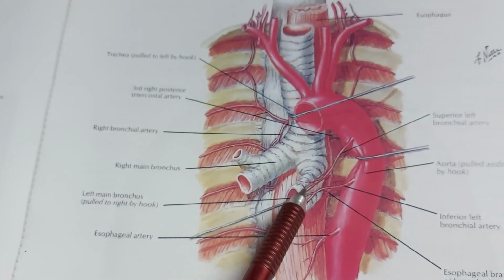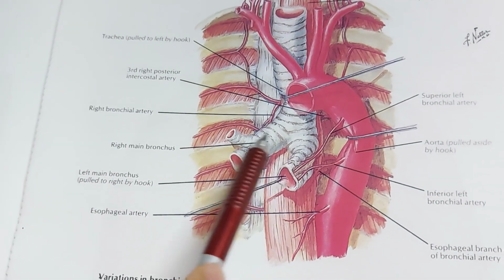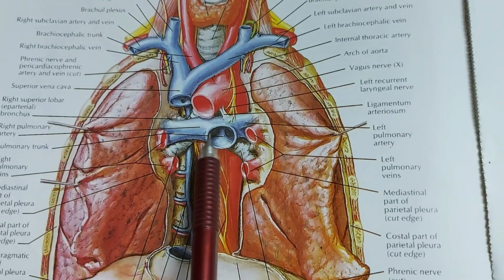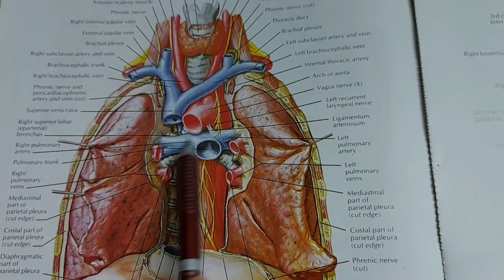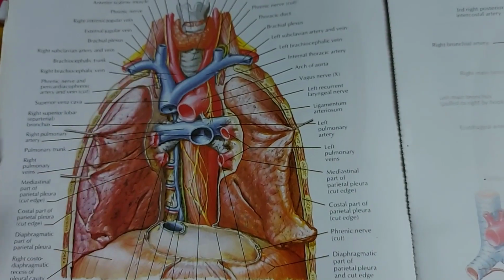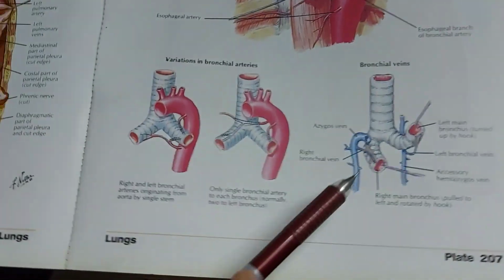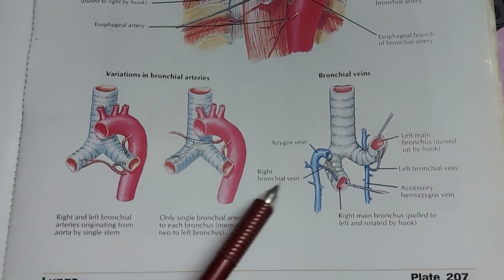This is the main supply of the conductive portion of the lungs. And the respiratory portion, where the air exchange occurs, the pulmonary trunk divides into the pulmonary artery. This pulmonary artery goes into the alveolus, and there is exchange. And the venous drainage of the lung is through the bronchial vein.